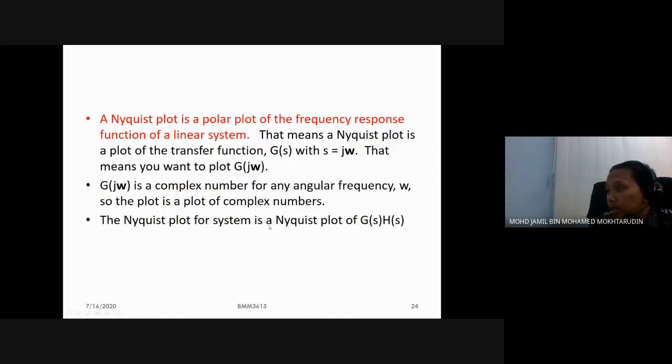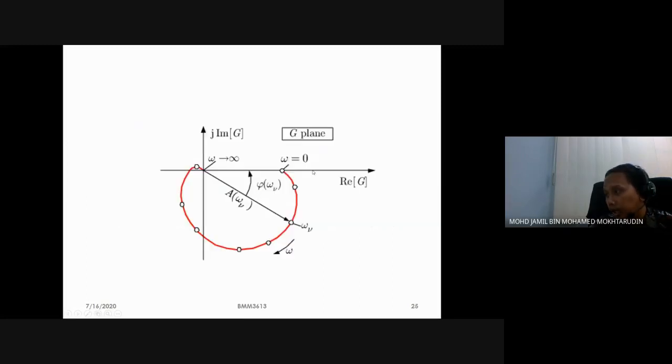Okay, so the same steps you need to do to plot Nyquist plot. Basically, first you convert s equals j omega, and then determine the phase, the angle, and the magnitude. So let's look at one example. This is an example of Nyquist plot. Nyquist plot will be plotted in the s plane.